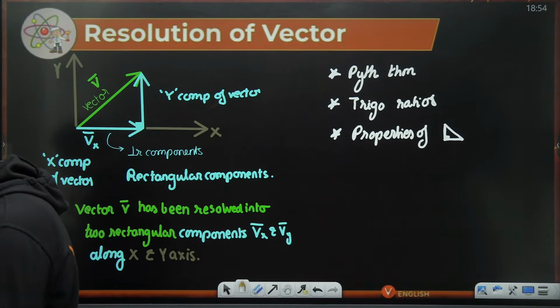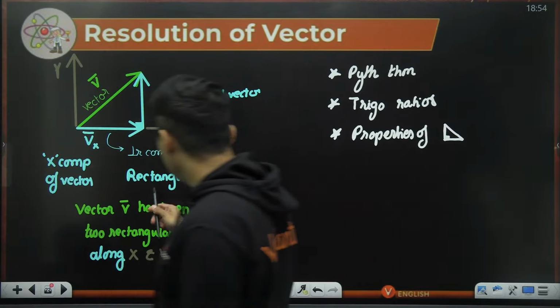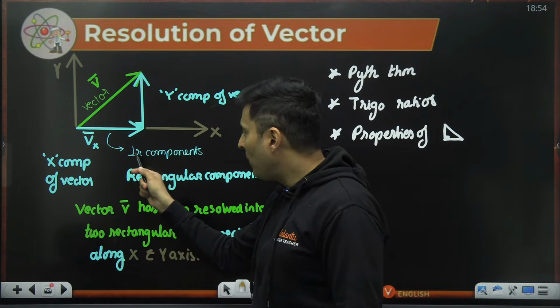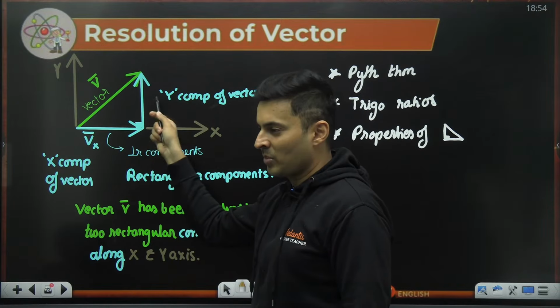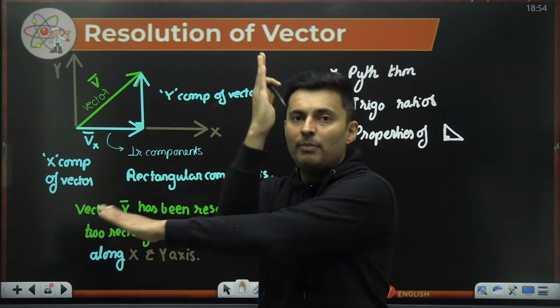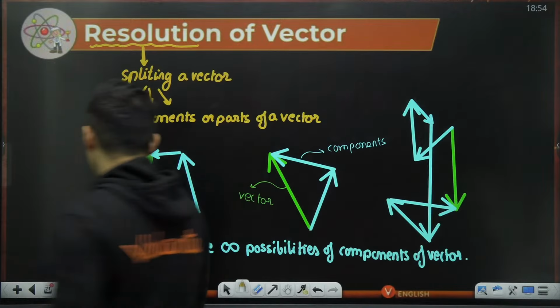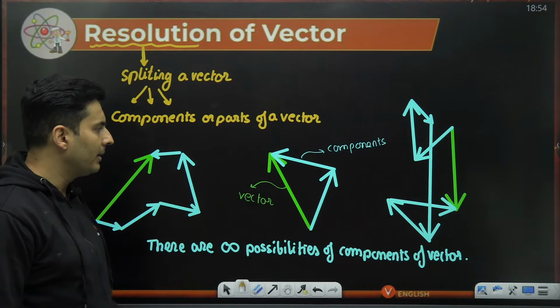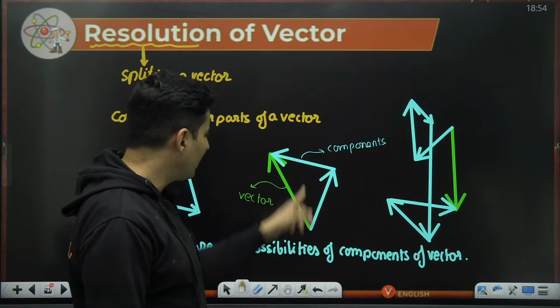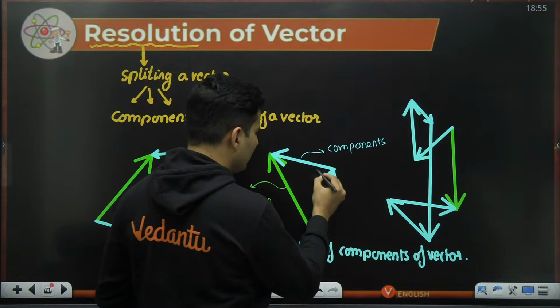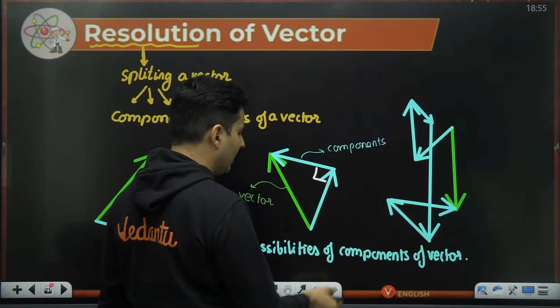Yes, I use this in electrostatics ring derivation. Correct. So rectangular components, meaning the components are perpendicular to each other. So whenever the components are perpendicular to each other, like for example over here, none of them are perpendicular. This is also not perpendicular, but maybe here this is perpendicular, then these are perpendicular components.